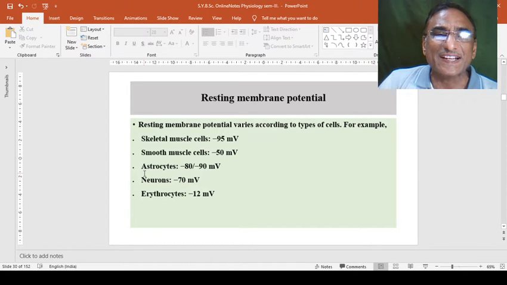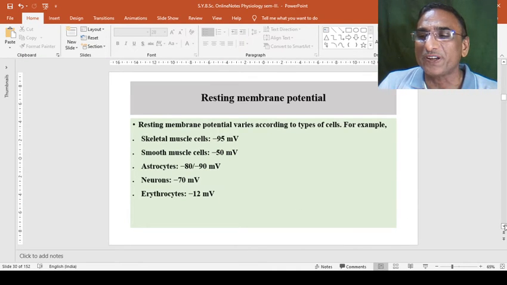In astrocytes, it is either minus 80 or minus 90 millivolts, which is quite variable. In neurons, as we have seen, it is minus 70 millivolts, and in our blood cells, the erythrocytes, it is very low, minus 12 millivolts, because these are moving cells. They are moving across the body and facilitate various functions in the body.